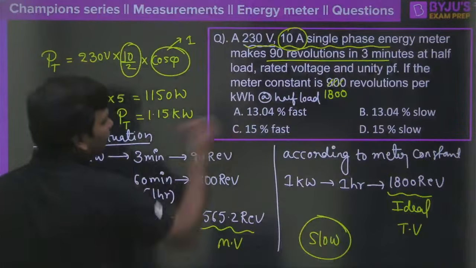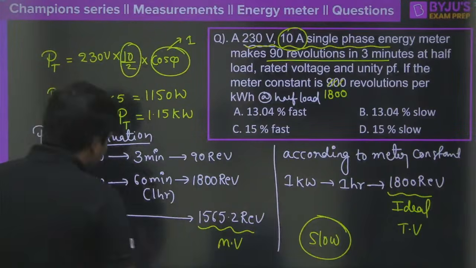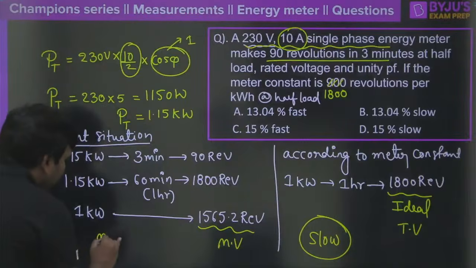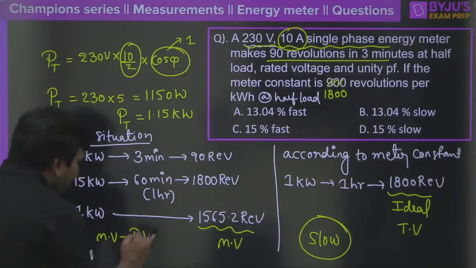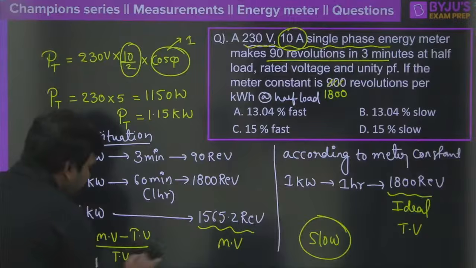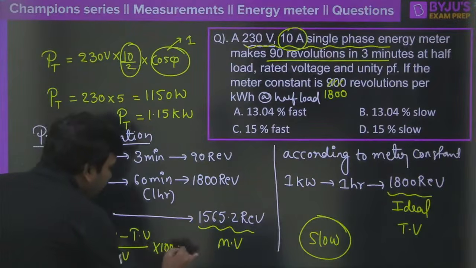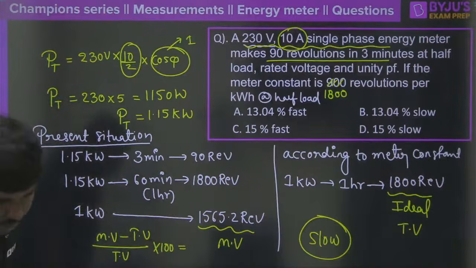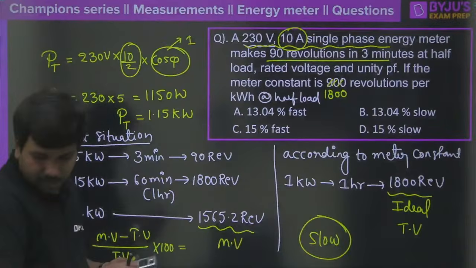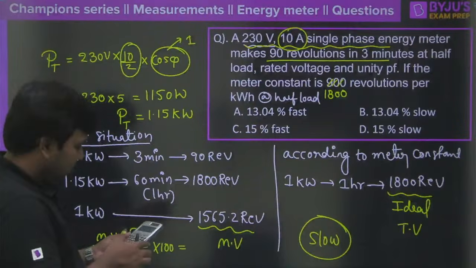Because they are asking the percentage of error, right? So how do you get the percentage here? Simple: measured value minus true value, divided by true value, into 100. If you do this, you will get the percentage. How much will it be here? Very good, 4 students are giving good answers.